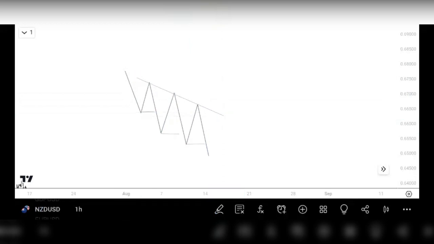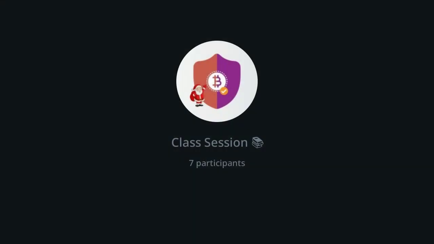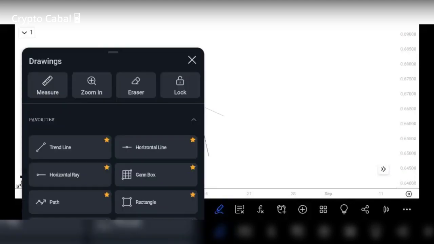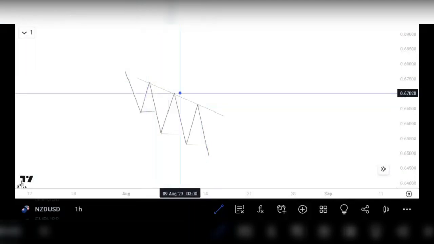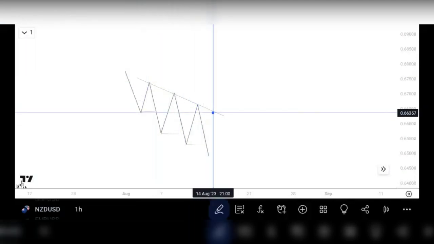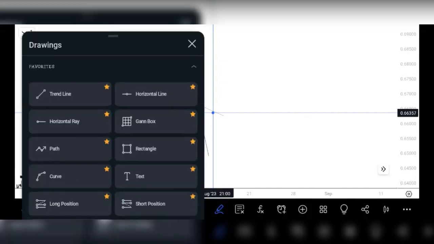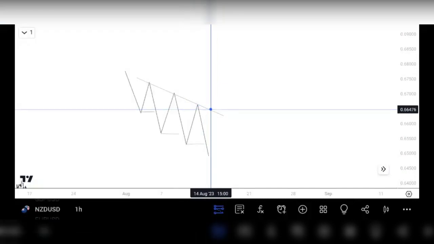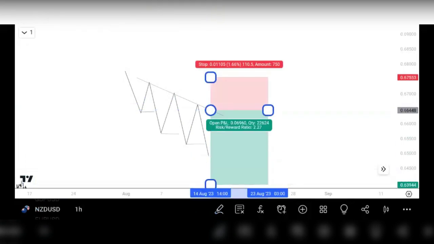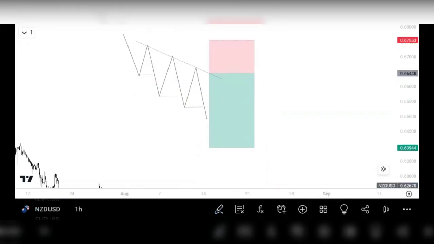People that trade with trend lines or support and resistance will say, price is currently bouncing here. So when it comes to this point, it will continue selling, and they'll put their sell position at this point, target lower prices, and put their stop loss at this point.